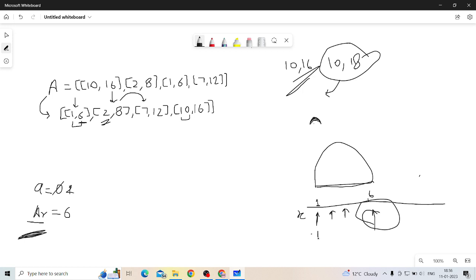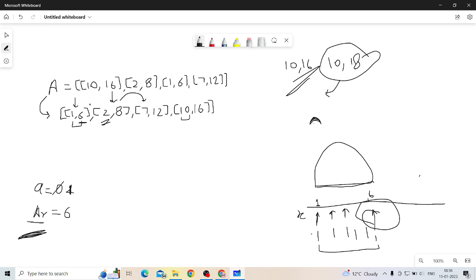We can throw from 1, 2, 3, 4, 5, or 6. This totally depends on us, but we have to use one arrow. So the answer is 1.